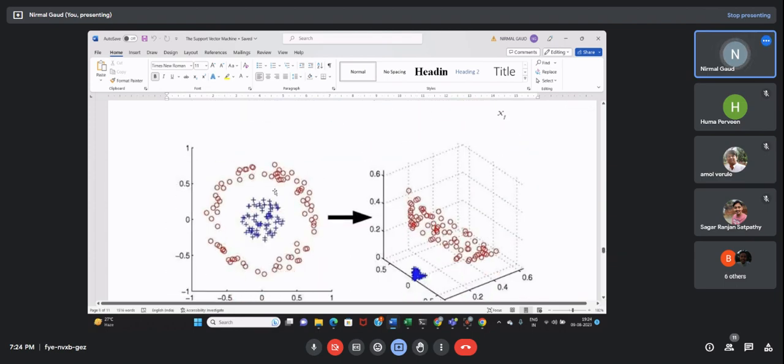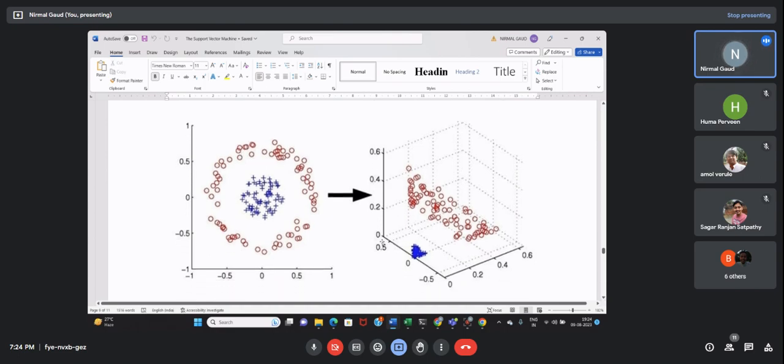Right now we are dealing with the kernel trick. On this 2D plane, these data points are distributed, so we can't separate them linearly. So what we have to do is organize these data points in a higher dimension. That means we need to add one more dimension to it. Then only I can separate these data points, and they are specifying the same thing.